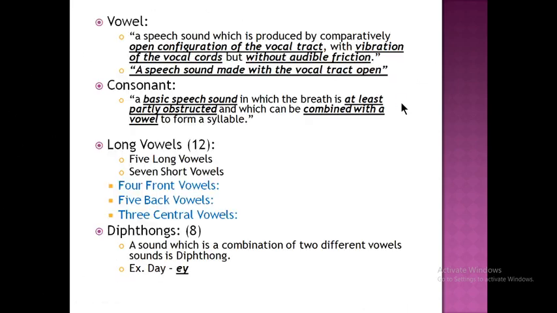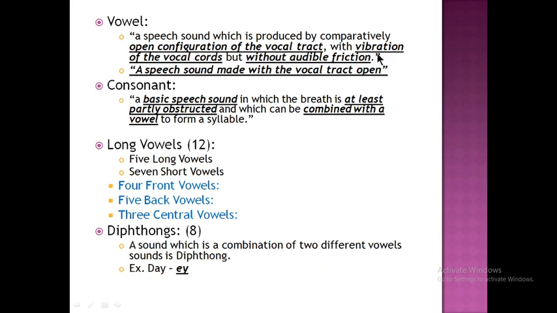Let's move ahead to understand these all. What is a vowel? This is the definition: a speech sound which is produced by a comparatively open configuration of the vocal tract. How simple this is. A vowel sound is the result of an open vocal tract. Is it clear what I said? When the vocal tract is wide open, that is a vowel, with one important thing: with vibration of the vocal cords but without audible friction.